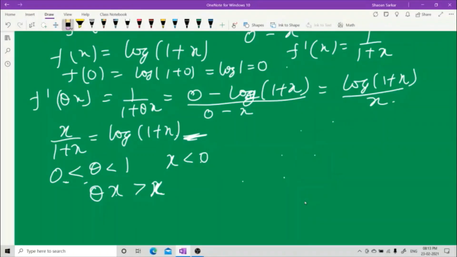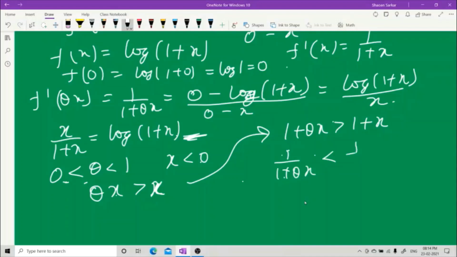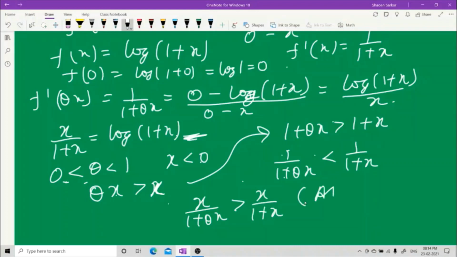Now from here I can say 1 plus theta x is greater than 1 plus x. Now 1 upon 1 plus theta x is less than 1 upon 1 plus x. The inequality changes. Now you multiply x on both sides. So x upon 1 plus theta x is greater than x over 1 plus x, as x is a negative quantity.